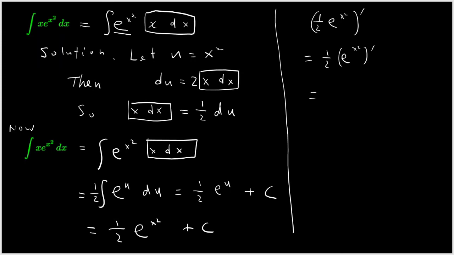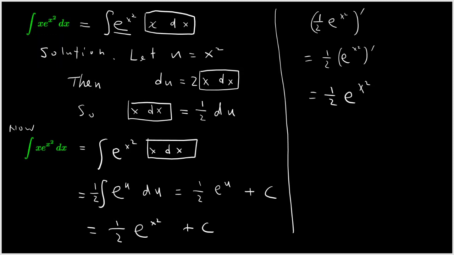For this one, you need to choose u. The inside function is x squared, and you differentiate e to the power of the inside function u. So you have 1/2 times the derivative of e to the power of u, which is e to the power of u. You do not write u, you write the answer as e to the power of x squared.